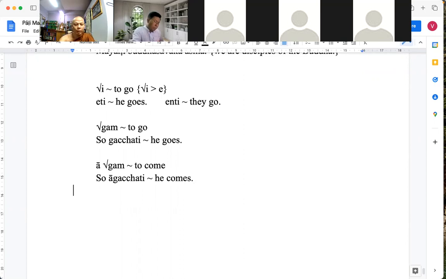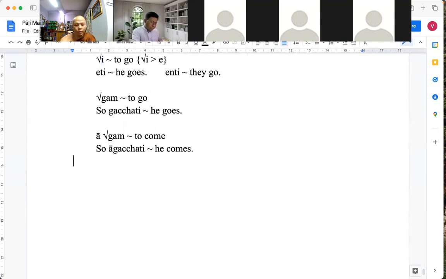In the same way, with the root i, by adding the prefix a, the meaning also changes to come.